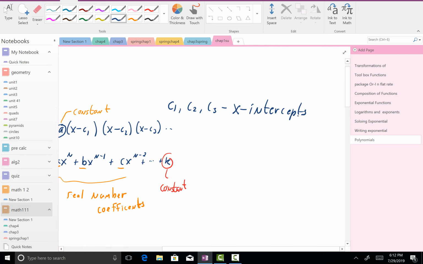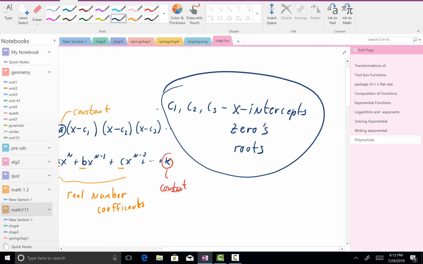So it's always good to have it in factored form because it tells you quite a bit about it. They also call these zeros and roots. So they have the same basic meaning.